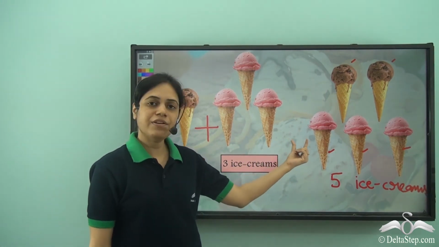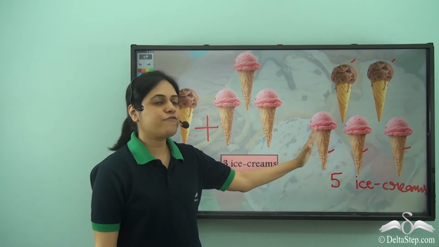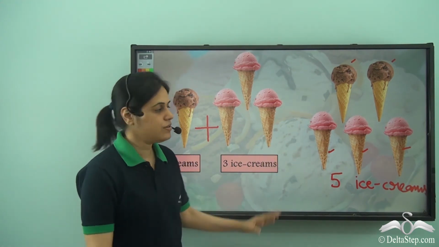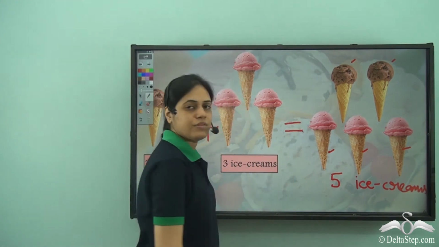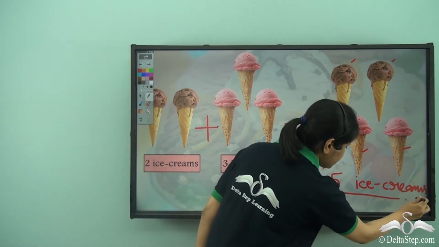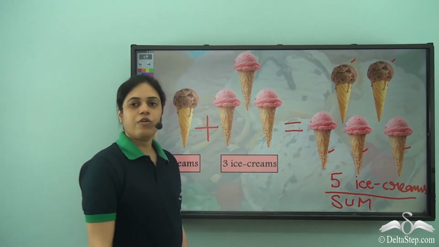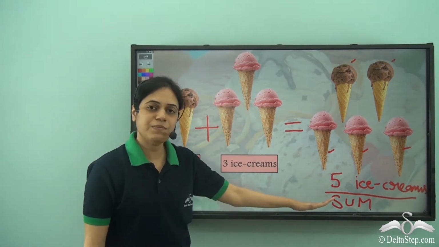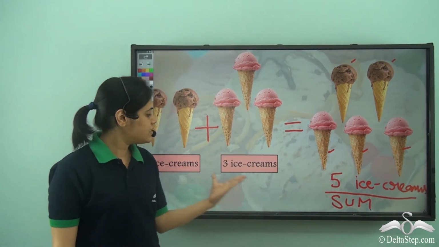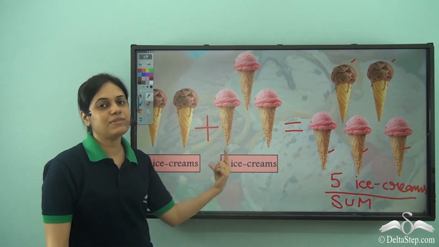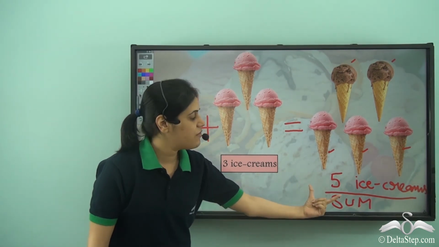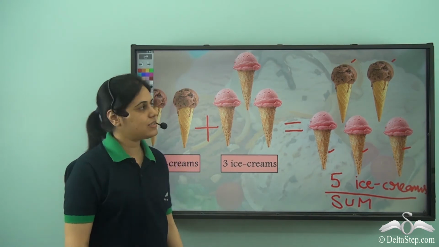And what do we have here? What do we write before the result of this addition? An equal to sign. And this is called the sum of the addition. So 5 ice creams is the sum. That is, when we add 2 ice creams and 3 ice creams, we get 5 ice creams as the sum.